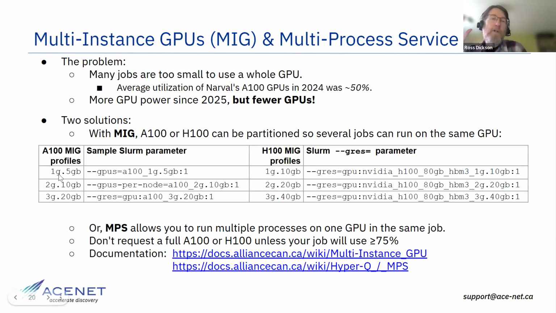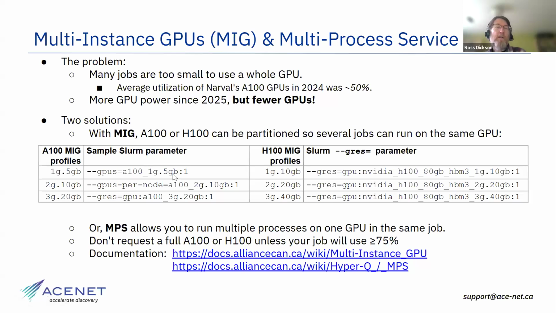So here's the terminology. We talk about a MIG as a fraction of a GPU. MIGs come in different profiles or flavors, if you like: 1G, 2G, 3G. And each fraction of the GPU computing comes with a fraction of the GPU memory, the device memory: 5 gig, 10 gig, 20 gig.